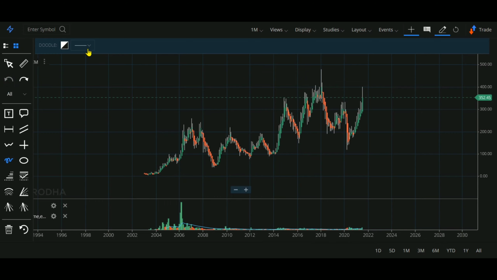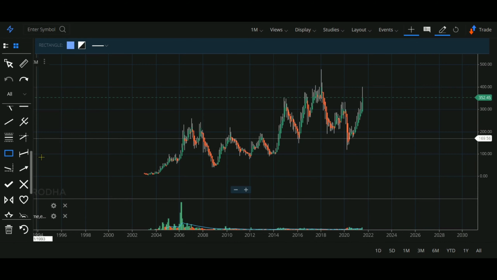First of all, what I do in this stock is mark the major support or resistance points, so that I can see if the stock has respected all the support and resistance points that I have drawn or not.